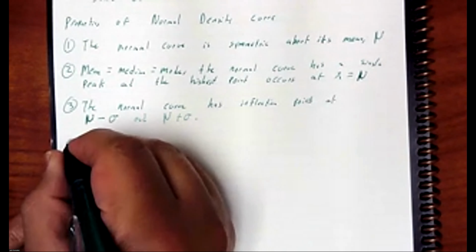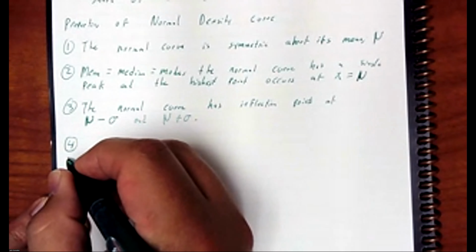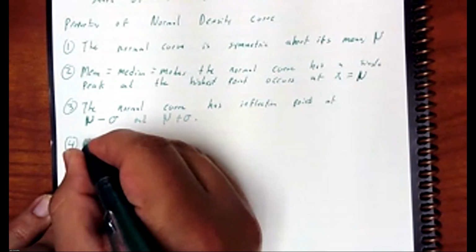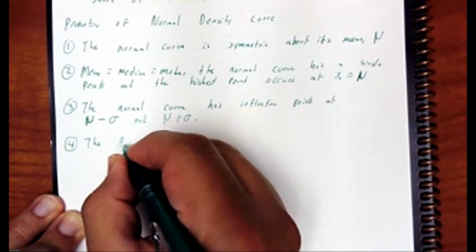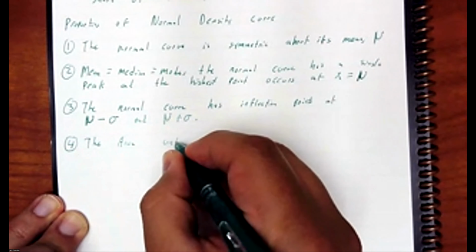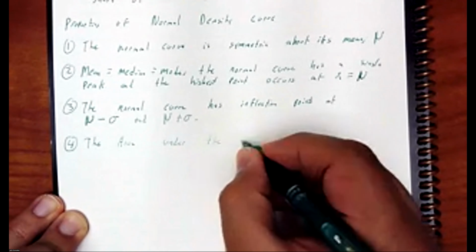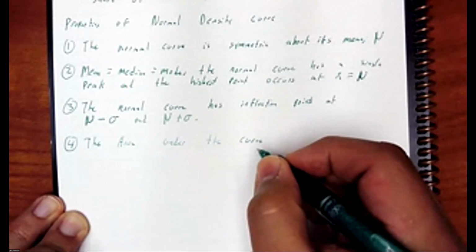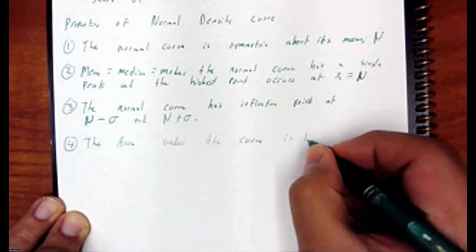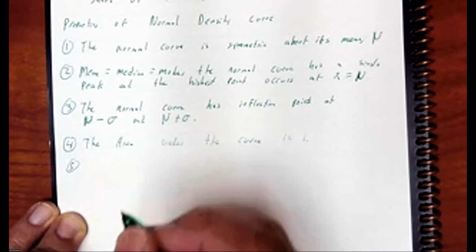Number 4. The area under the curve is 1. Number 5.